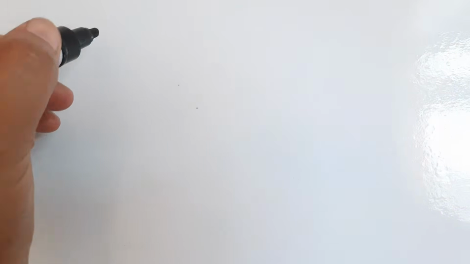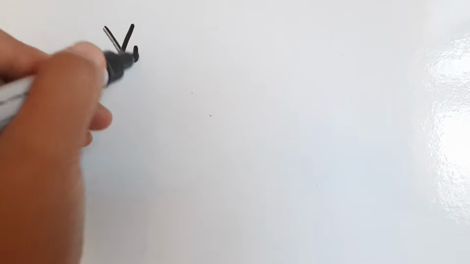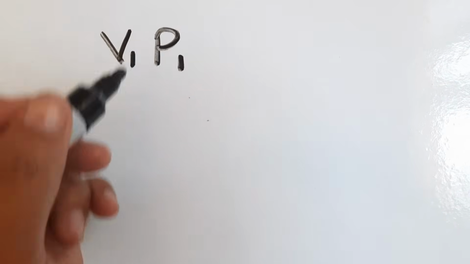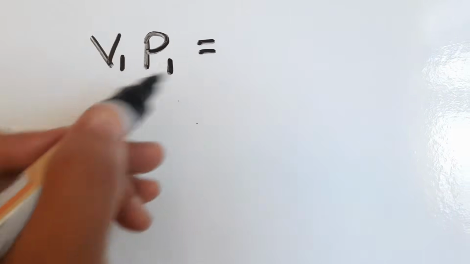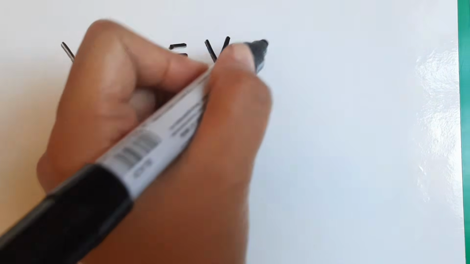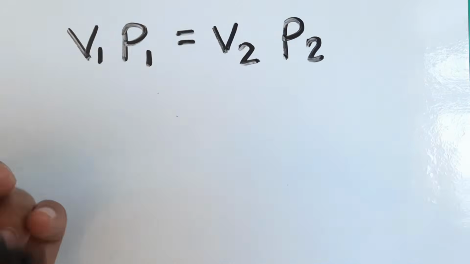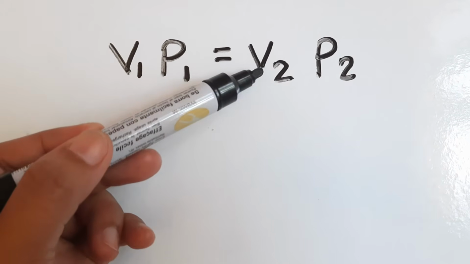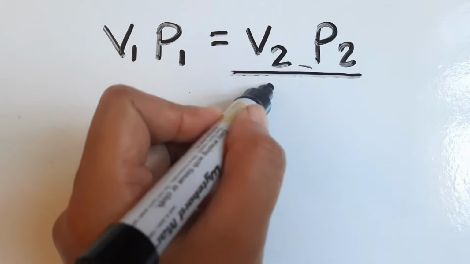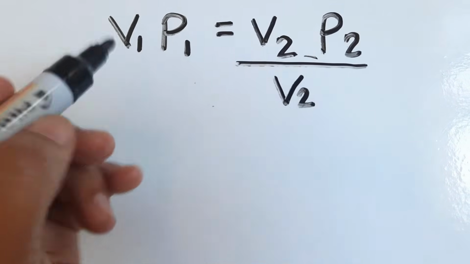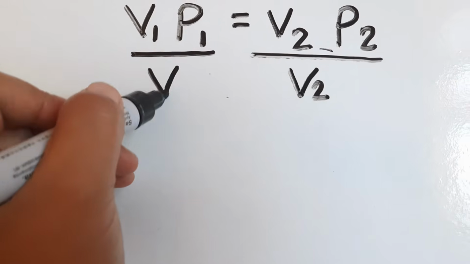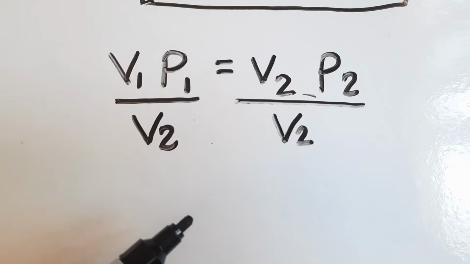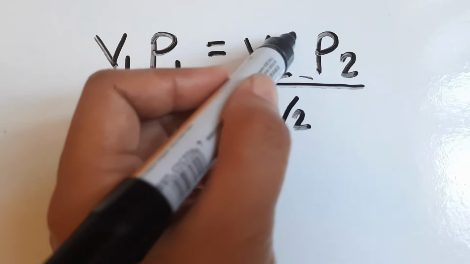Let us derive the equation for the last variable, and that is P2. Again, we should write the equation for Boyle's law first. V1 times P1 is equal to V2 times P2. Since we are looking for the value of P2, let us divide both sides of the equation by V2. Okay, we can now cancel out V2 on the right side of the equation.